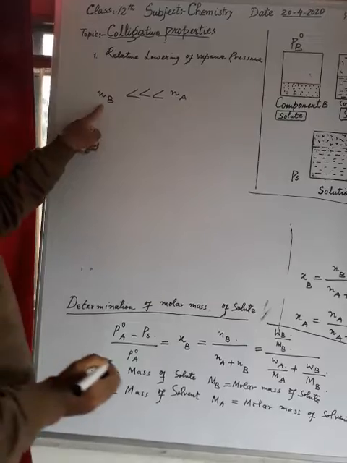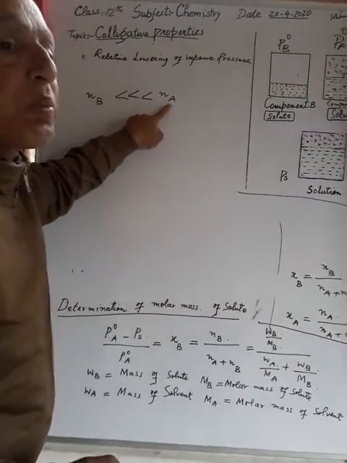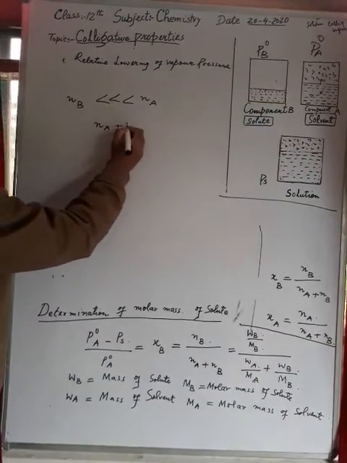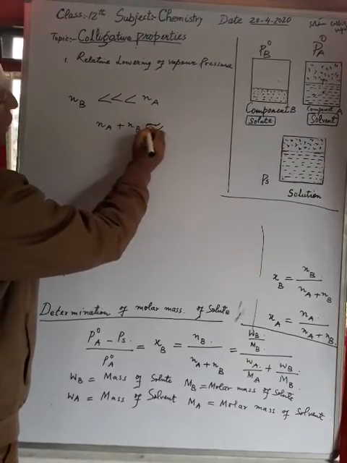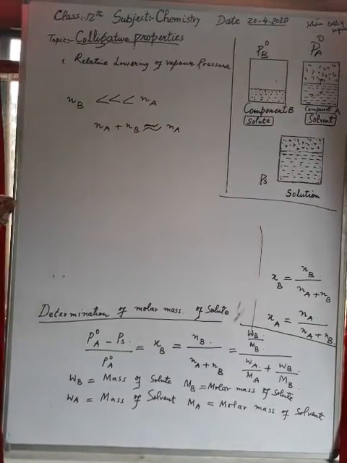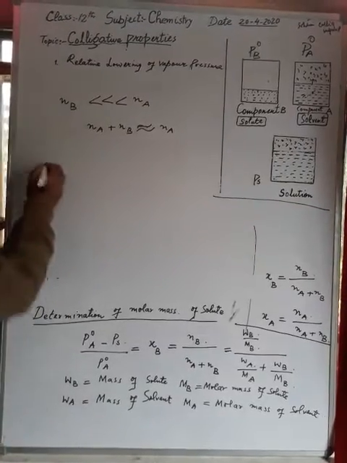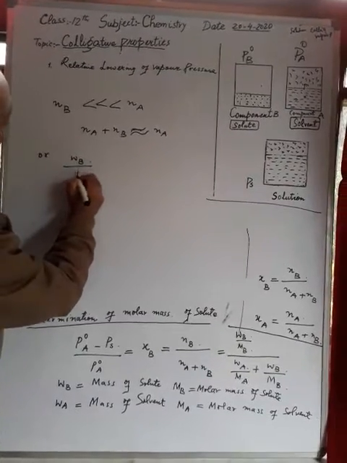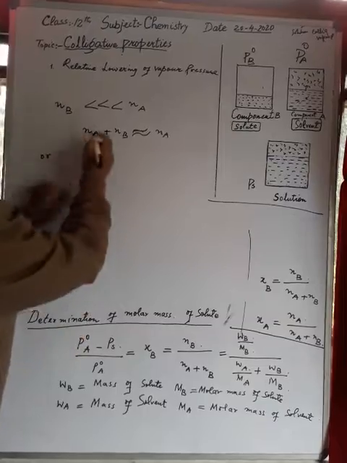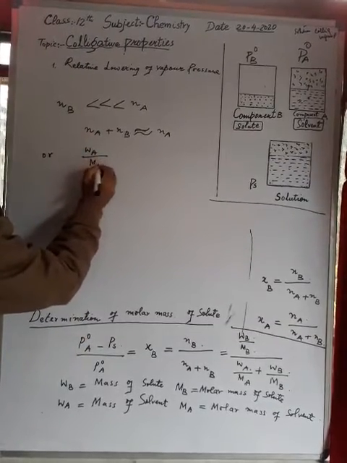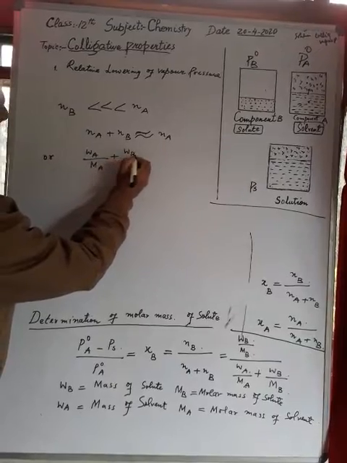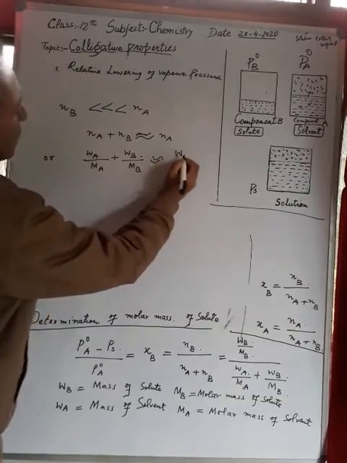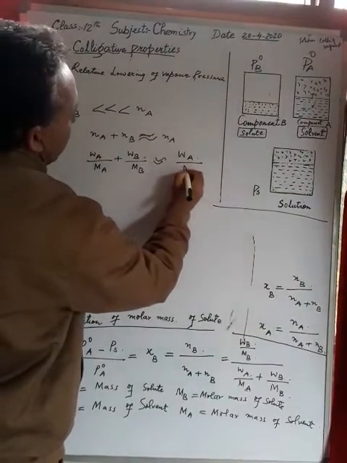Hence, it is ignored as compared to the number of moles of A, or in other words, we can write NA plus NB is approximately equal to NA, the number of moles of the solvent, or WA by MA plus WB by MB is approximately equal to WA by MA.